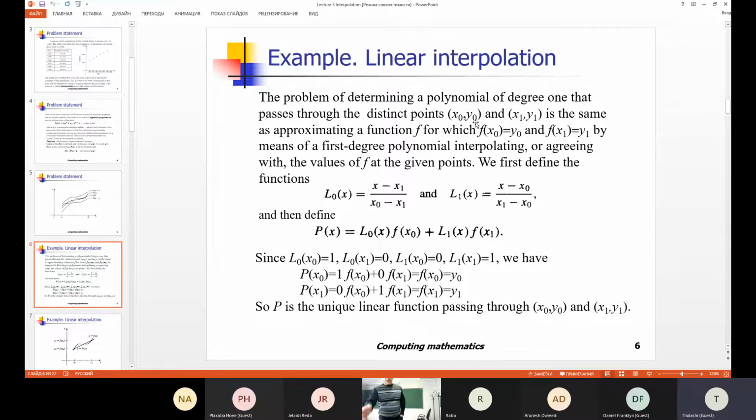So we have points x0, y0, x1, y1. We can suppose that f of x0 equals y0 and f of x1 equals y1. We know that there is only one line that passes through these 2 points, and the question is how to find the equation of this line, the formula.